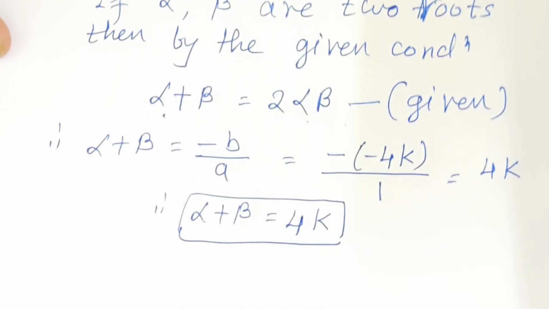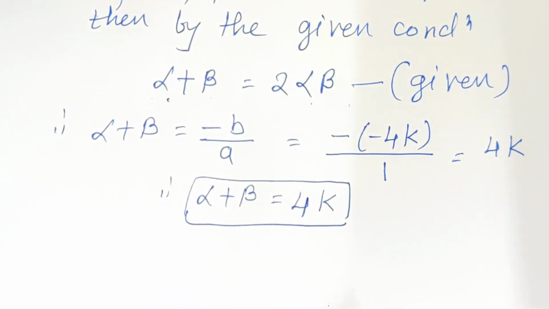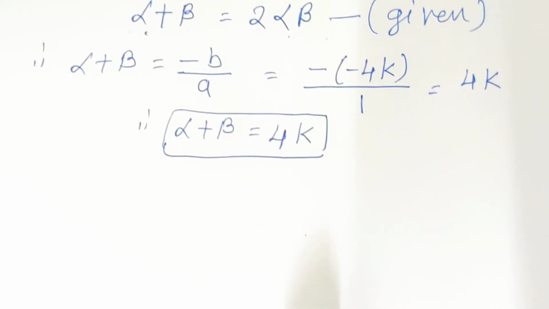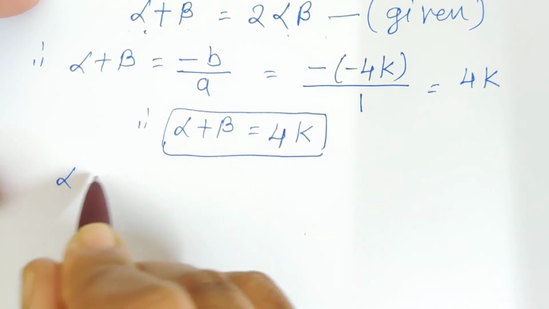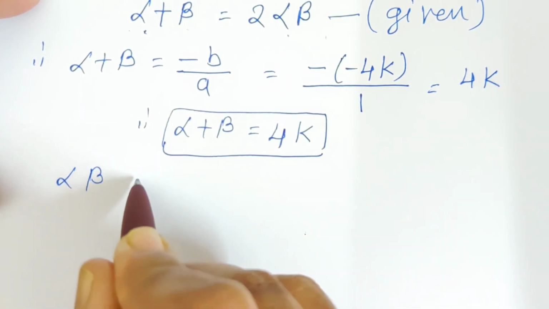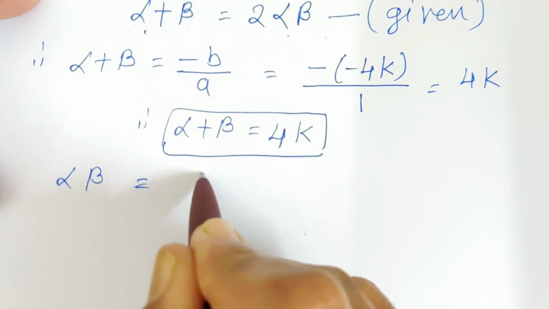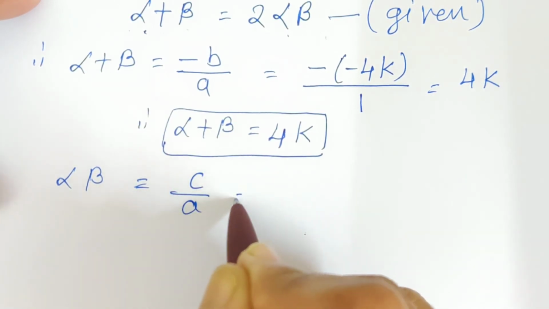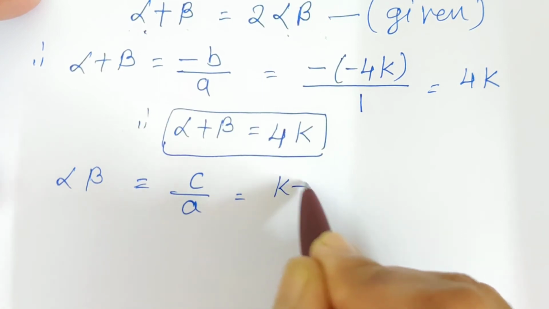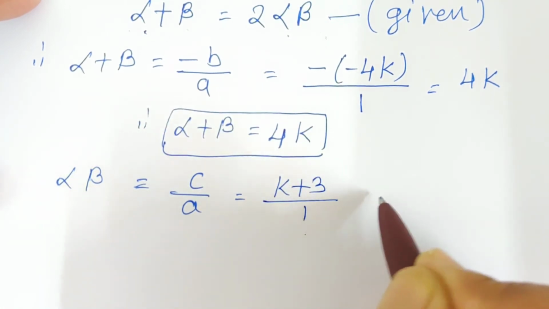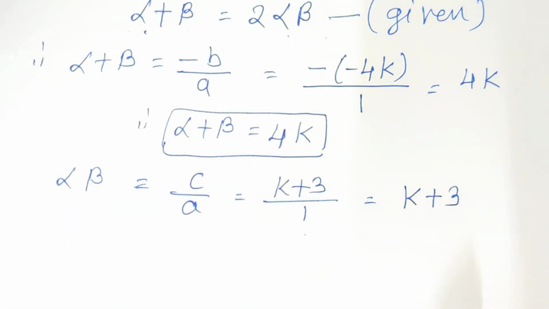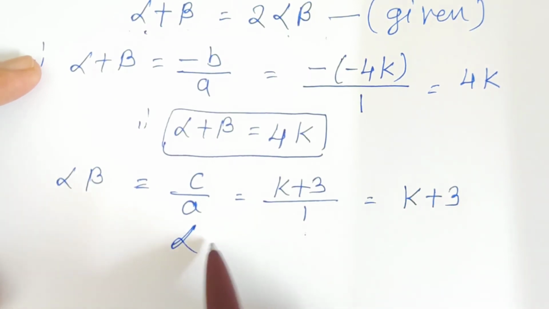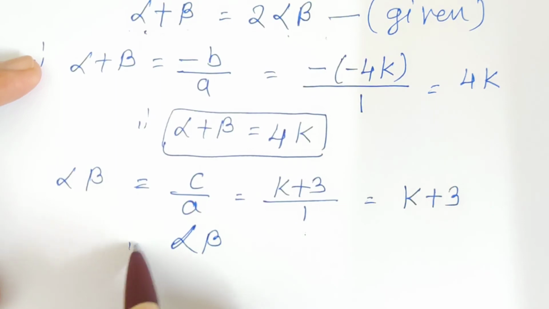Now we will find the value of alpha into beta. The formula is c upon a. c's value is k plus 3, upon 1, that means equal to k plus 3. So separately we got the values of alpha plus beta and alpha into beta.